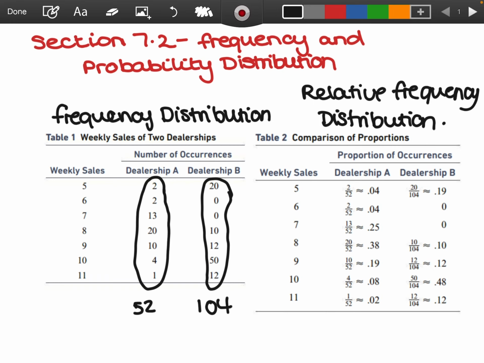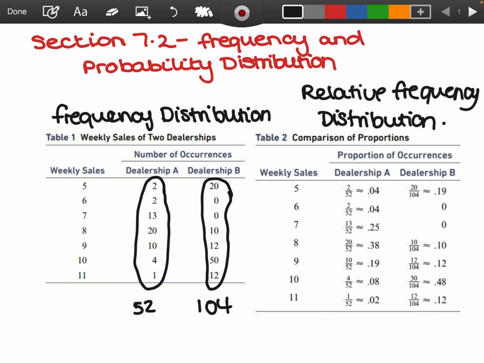So whenever you get one of these problems and they ask you for a frequency distribution or a relative frequency distribution, all I want you to do is take the information that they've given you and put the outcomes in one column. Then if they just want the frequency distribution, you just list the frequencies of each of those outcomes, so how many times each of the outcomes happened.